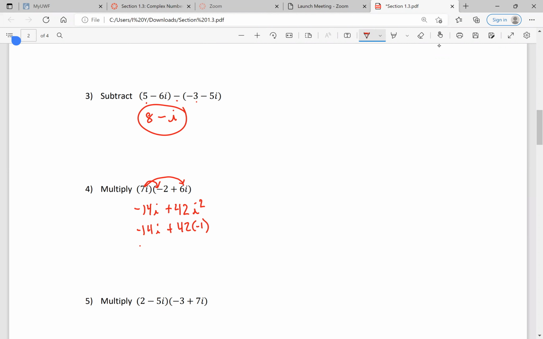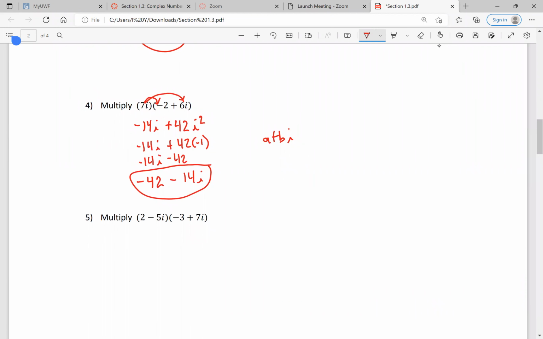So this becomes -14i minus 42. And again, the real number part comes first: -42 minus 14i. Please make sure you list it as a plus bi, because otherwise I will have to take points off.